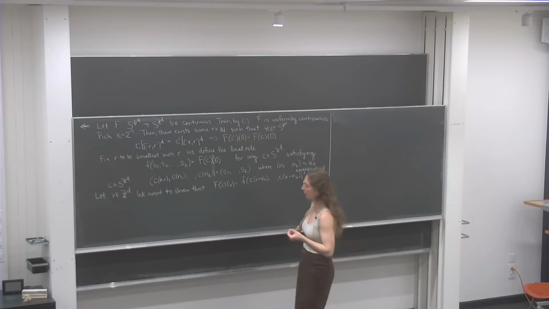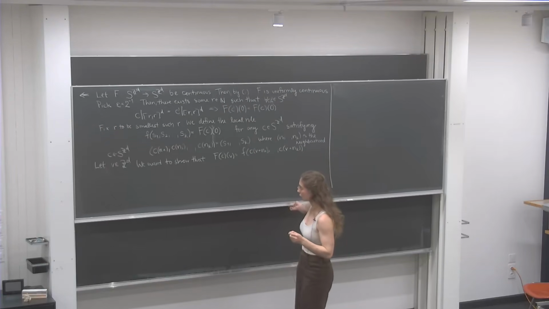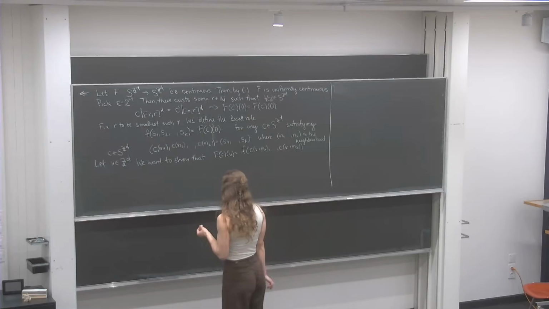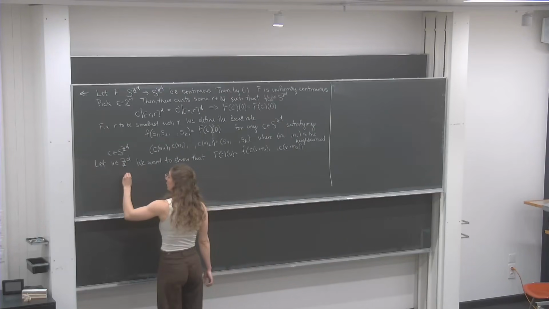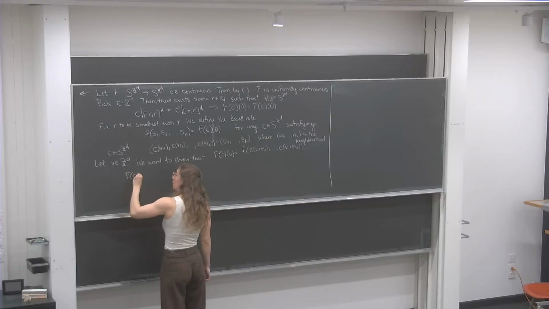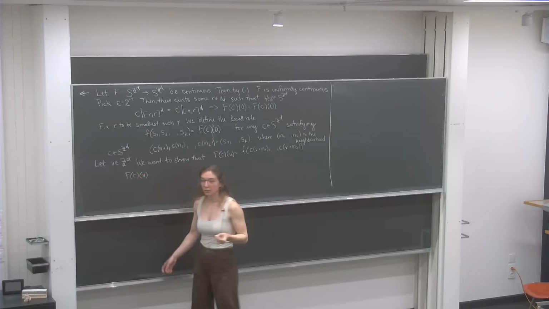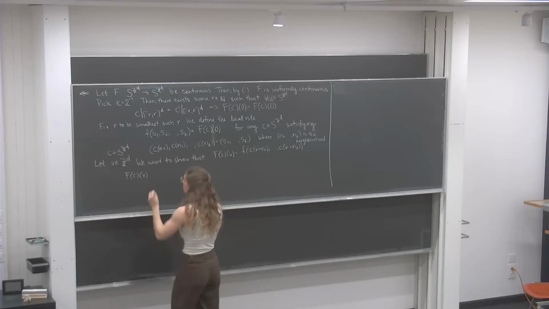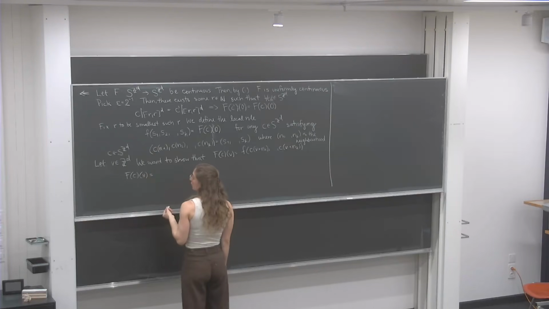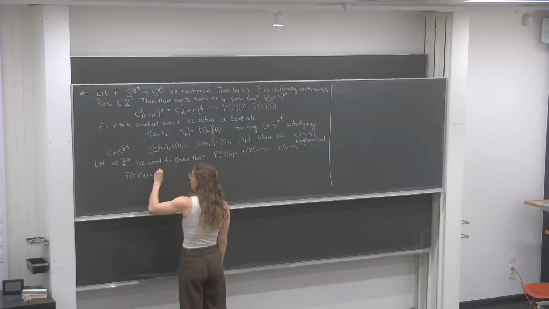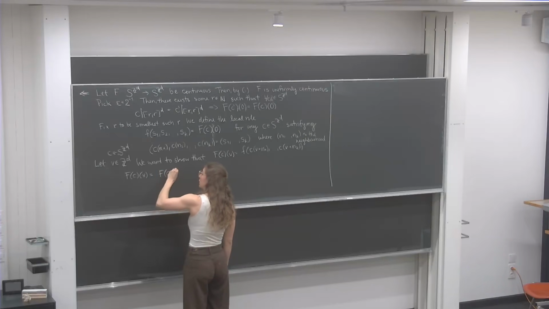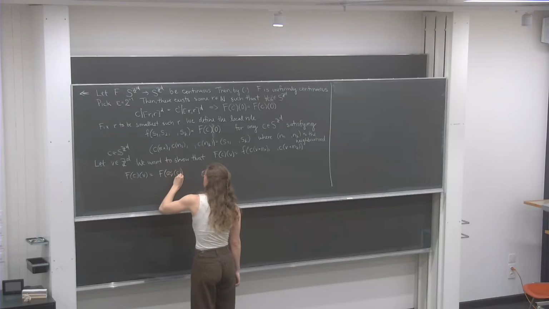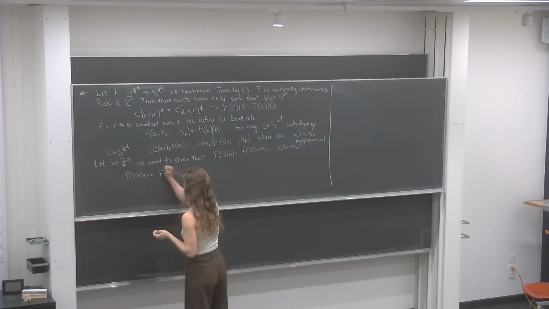So for this, we have to use somewhere the fact that F commutes with the shifts, and this is where it will now be used. So F(C) at v is the same as F of sigma v applied to C at position 0.